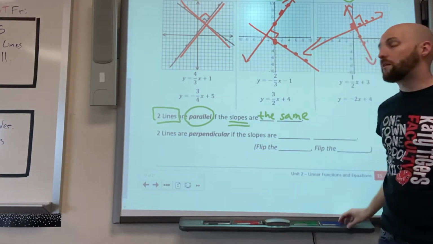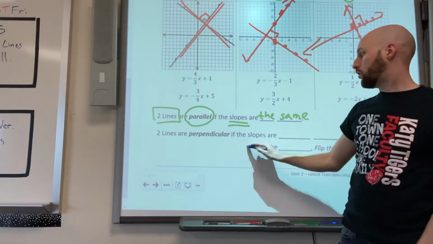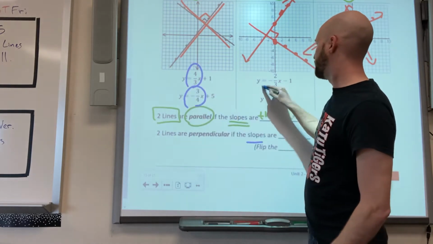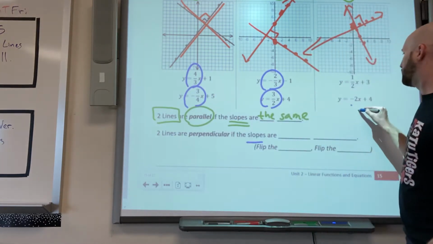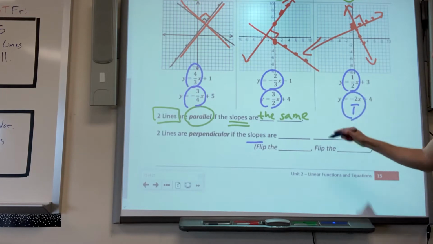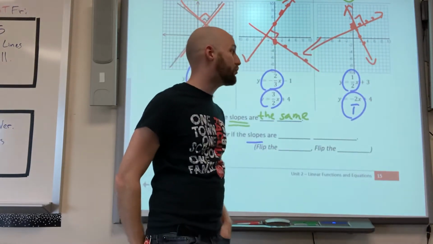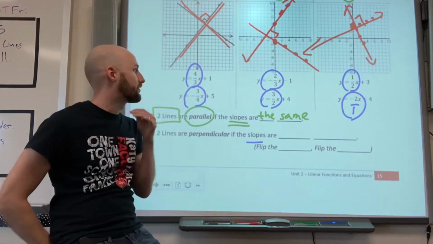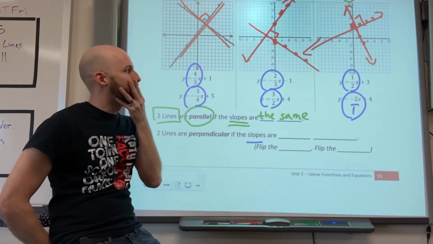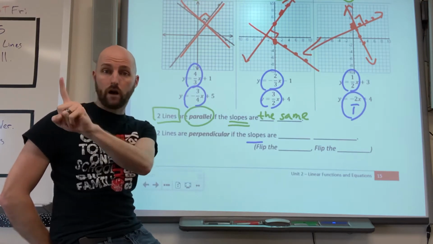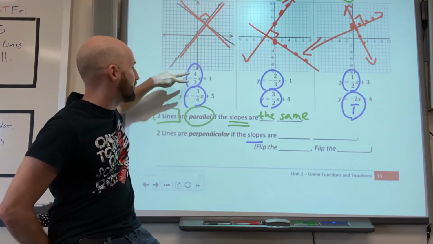Y hay algo que vamos a ver también de los slopes. Aquí están los slopes. ¿Ves algo interesante? Do you see anything interesting about these slopes? Two things. One, the fraction is opposite.